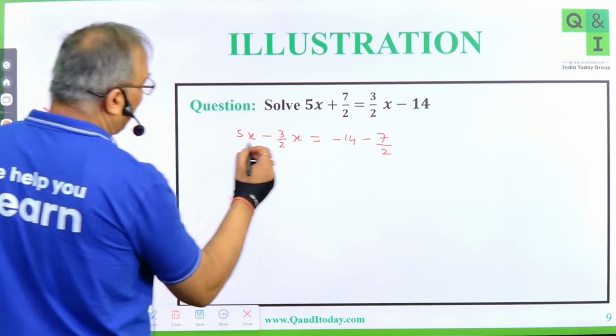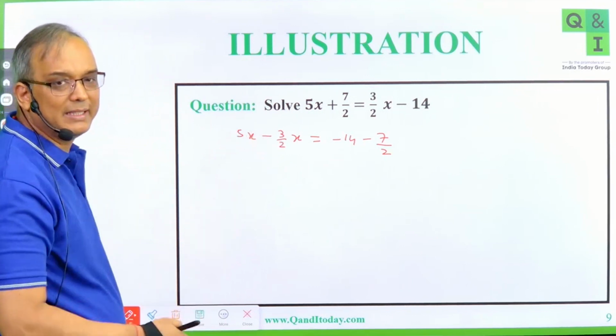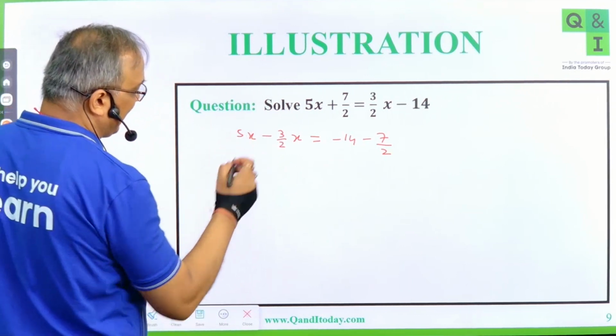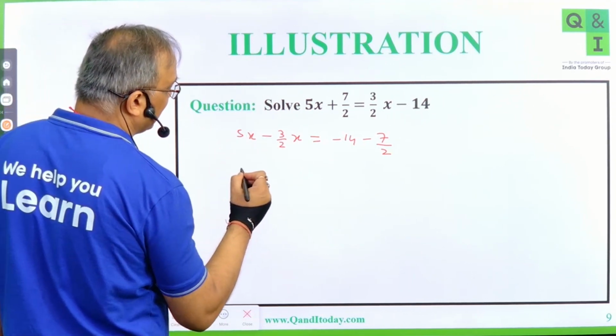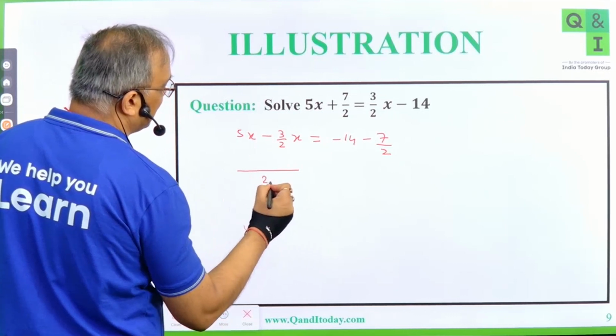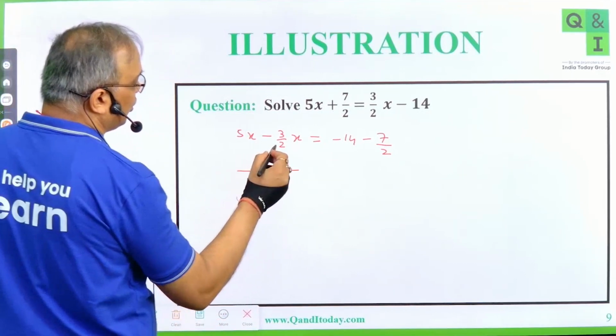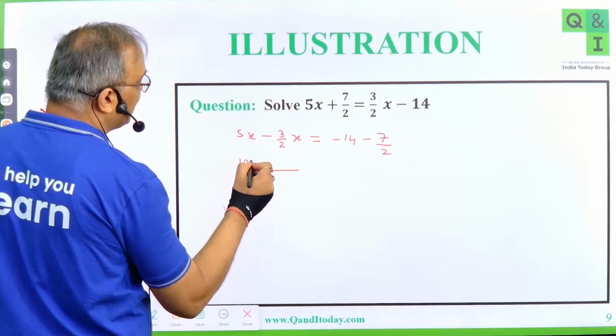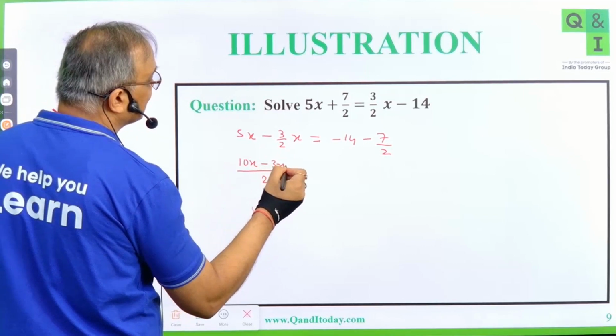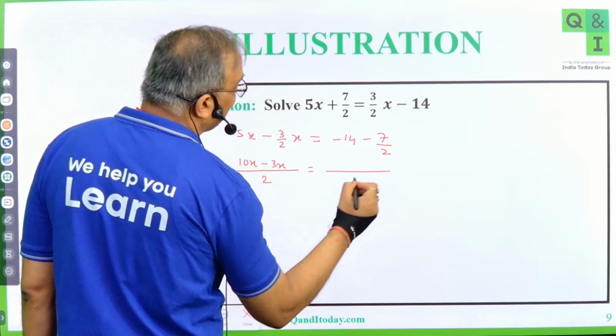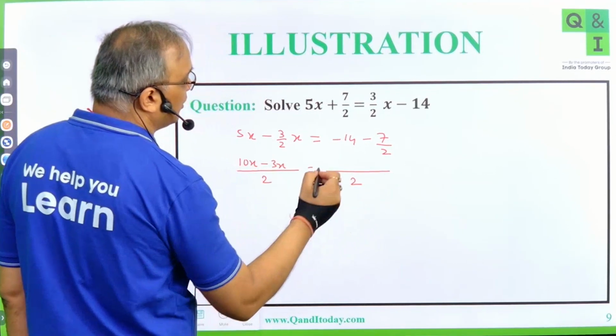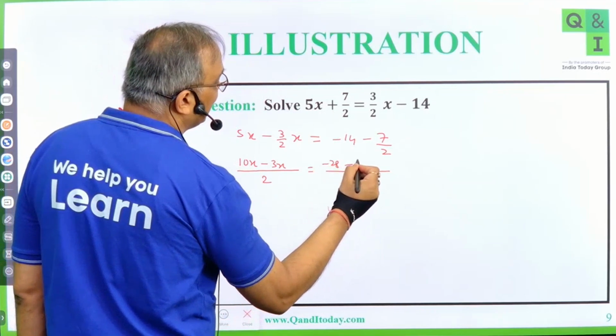So now because 5 and minus 3 by 2 are unlike fractions, I'll take an LCM here. 2 is the LCM. So 5 times 2 is 10x minus 3x is equal to, if I take LCM here, 2, so this is minus 28 minus 7.